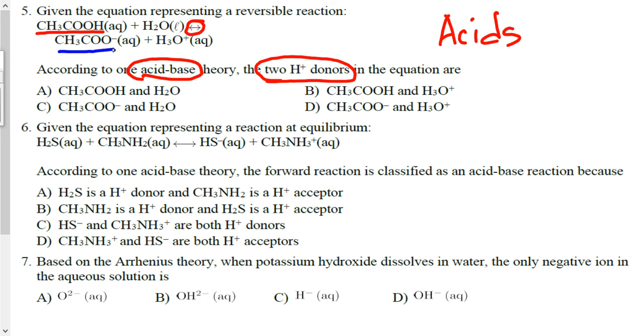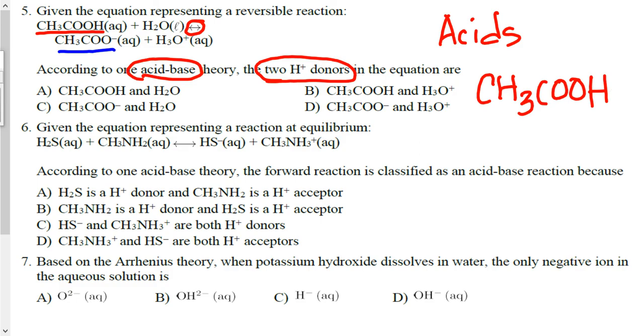So clearly, it gave away an H plus ion. And therefore, CH3COOH is an acid because it donated a proton.